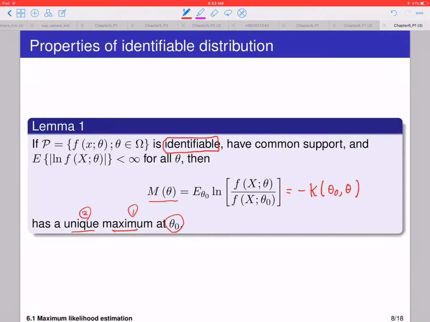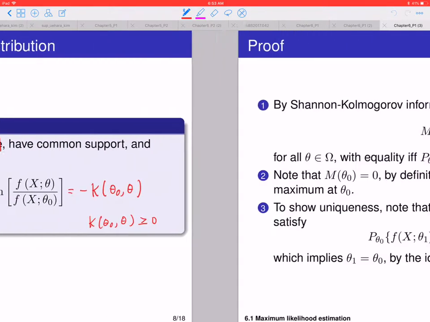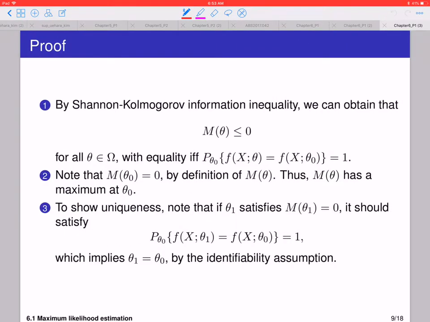And because we already studied that the Kullback-Leibler function is always non-negative, minus of the Kullback-Leibler function is non-positive, with equality if and only if, right? That is the property of the Kullback-Leibler inequality.